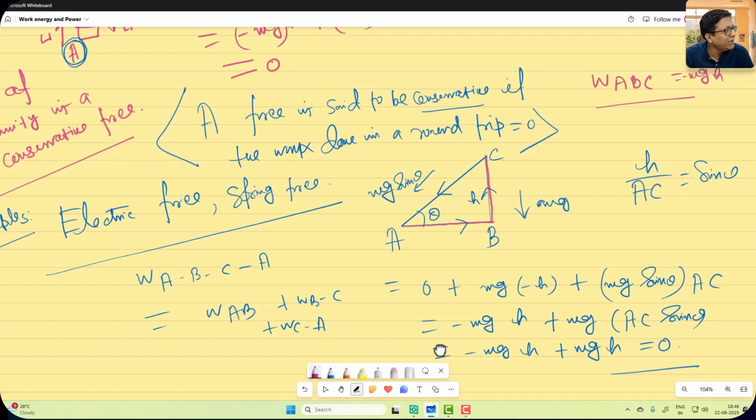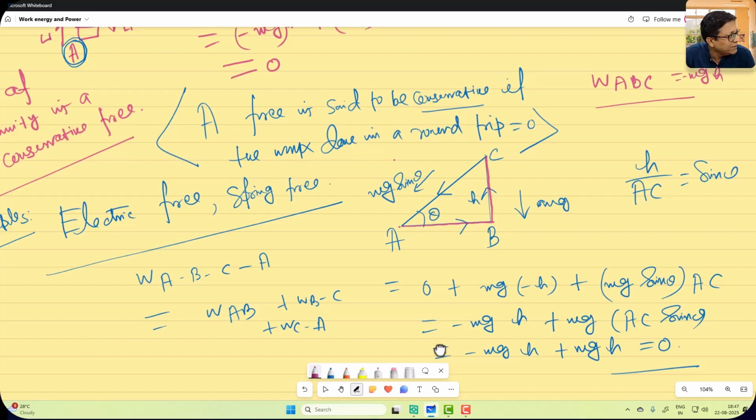WABC is minus mgh. This minus mgh means it depends on A and C. If we have taken vertically through the same height here, work done will be the same. It is not dependent on the path. Now from C to A, what is the work done over there? That is plus mgh.